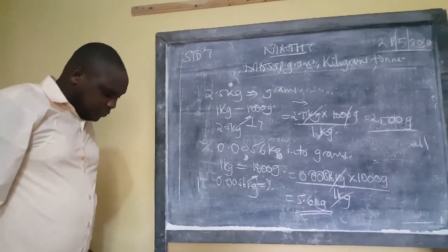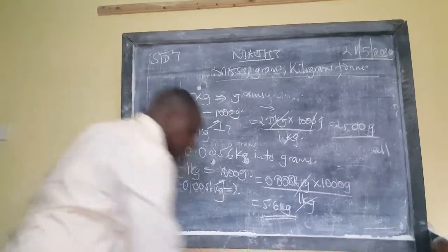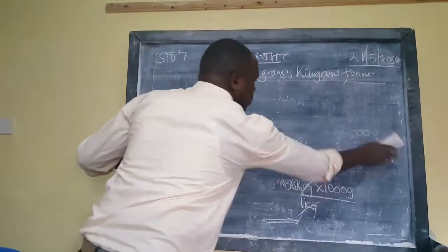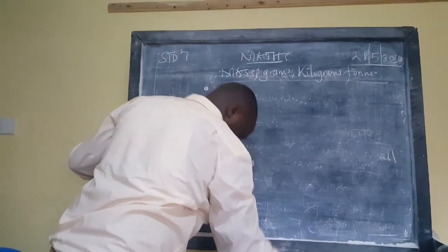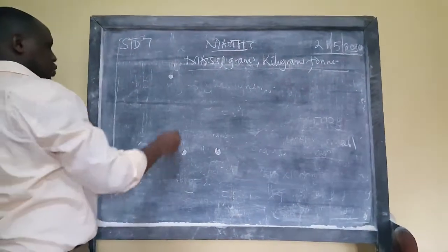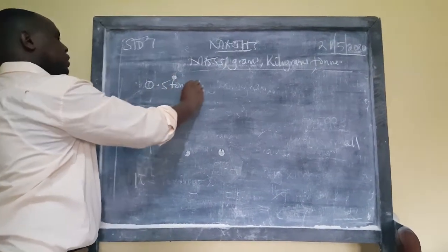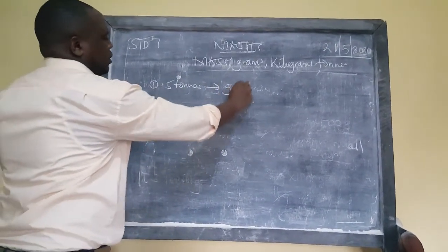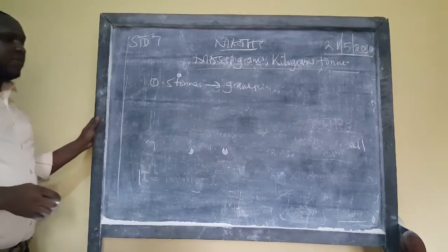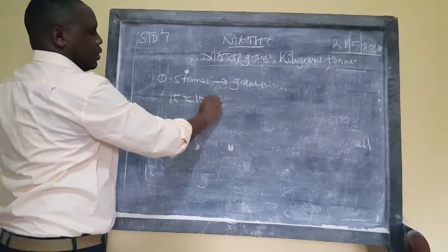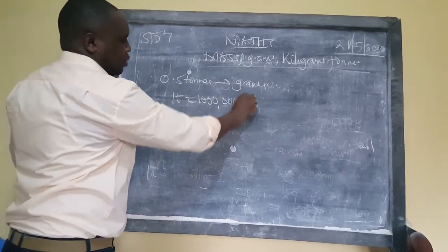Maybe we do another type of relationship where we are changing tons into grams. Change 0.5 tons into grams. We say 1 ton is equal to 1 million grams.